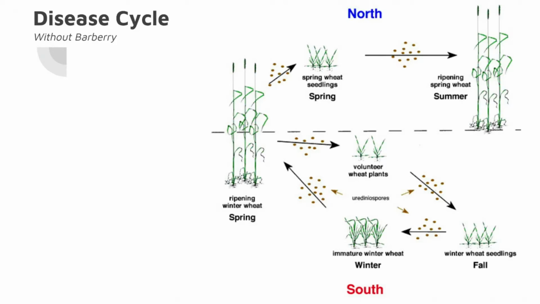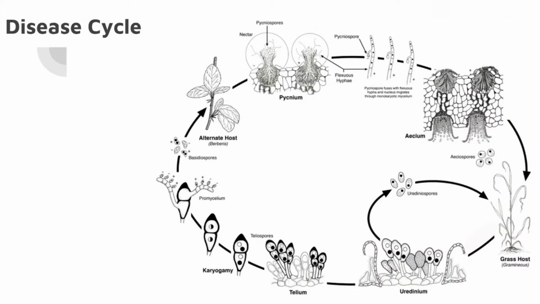There are two disease cycles for stem rust, though in my case I am here to explain the disease cycle of wheat infected by stem rust. Without barberry plants, the urediniospores reach wheat plants through the wind from the colder northern American states to the south. After reaching the south, the urediniospores infect the seeds after fall planting, coming from the volunteer plants.